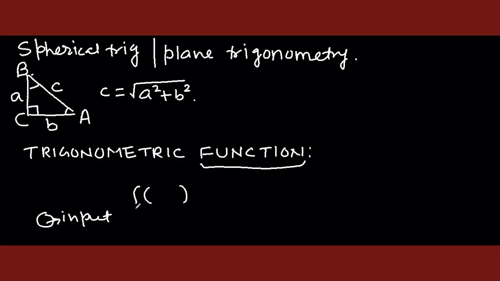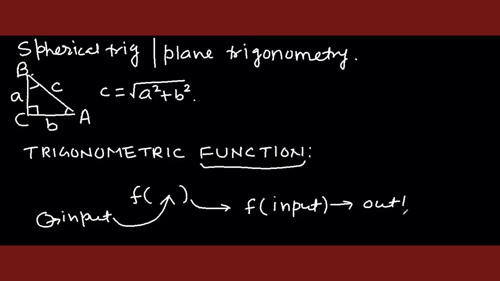Suppose f is the instrument, and if we put the input here, we get the output as f of input. Here, instead of f, we'll have trigonometric functions.